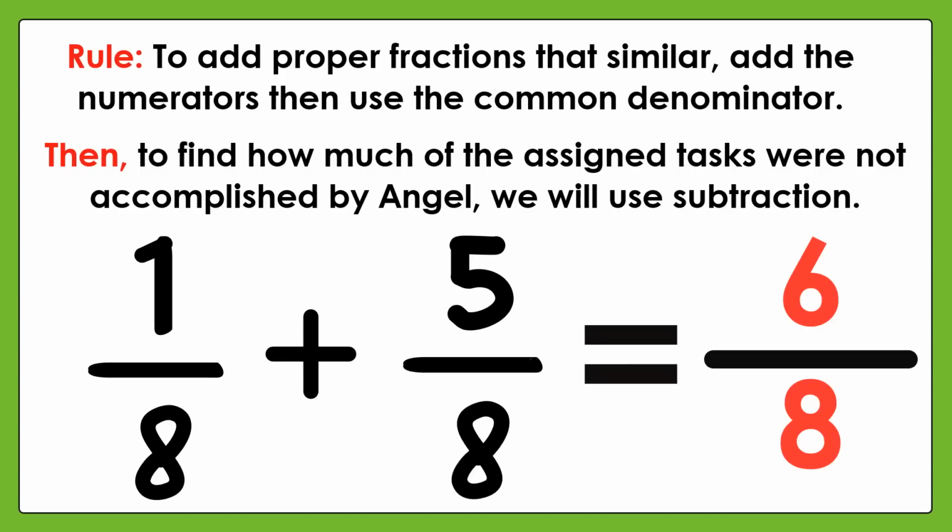Here's the rule. To add proper fractions that are similar, add the numerators, then use the common denominator. Then, to find how much of the assigned task were not accomplished by Angel, we will use subtraction.